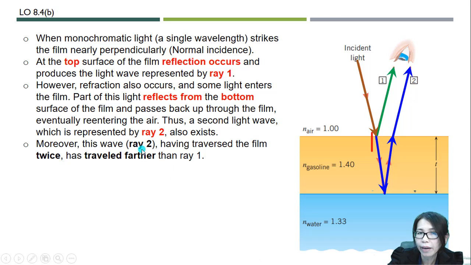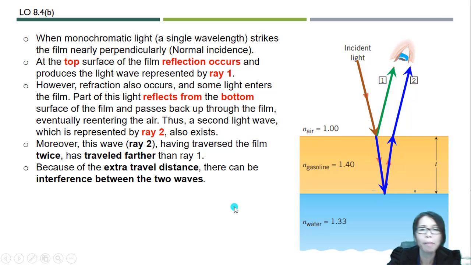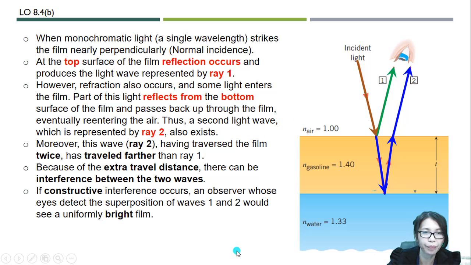Moreover, we will find that ray 2, having traversed the film twice, travels farther than ray 1. If we compare to ray 1, ray 2 travels farther. Because of the extra travel distance, there can be an interference between the two reflected waves. If constructive interference occurs, then an observer who detects the superposition of wave 1 and wave 2 would see a uniform bright film.